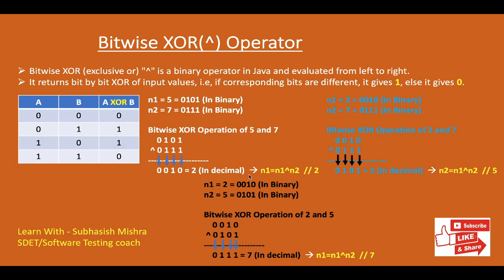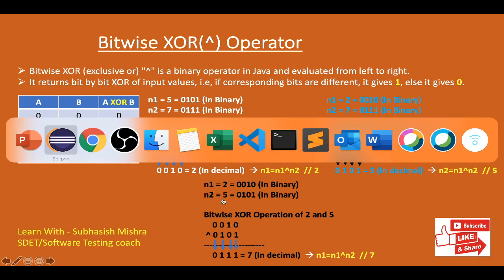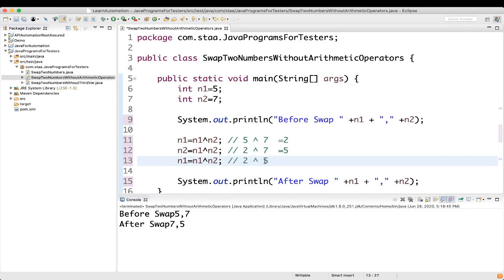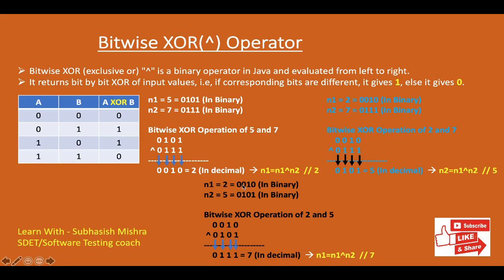Here I have N1 equal to 2 and N2 equal to 5, and these are the binary values. Again we did the bitwise XOR operation of 2 and 5. What we got is 0111, which is nothing but 7. So N1 XOR N2 is 7.